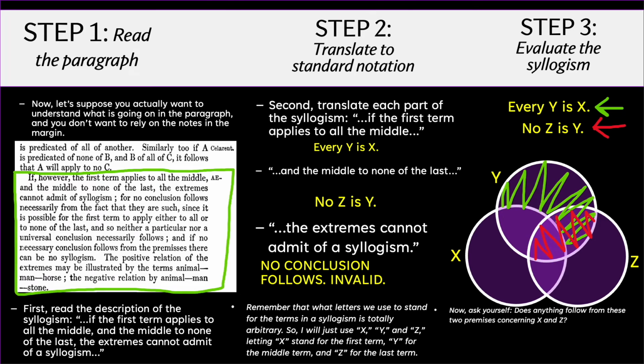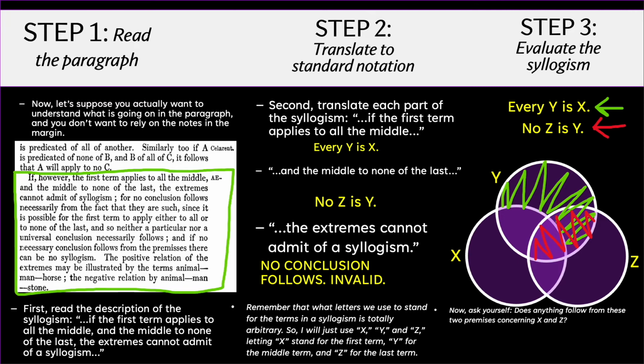Now ask yourself, does anything follow necessarily from these two premises concerning x and z? So remember, our conclusion is going to be about the two terms which have not yet appeared twice. So our middle term, y, has appeared twice, and that's how we know it's the middle term.